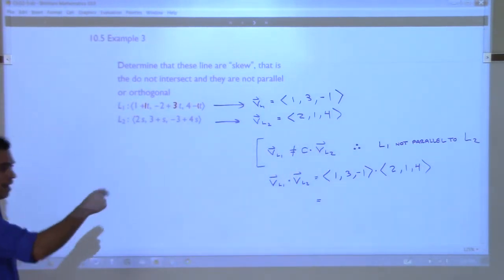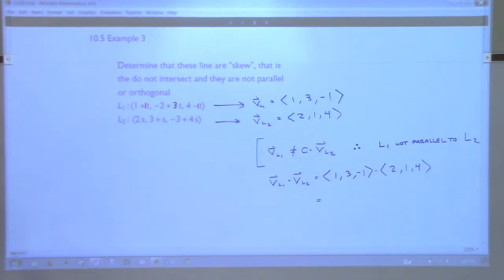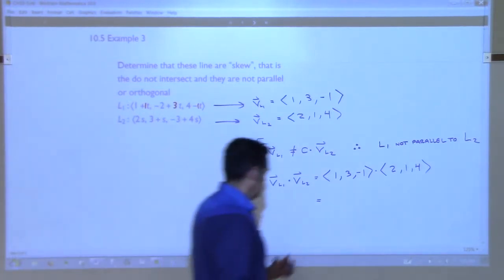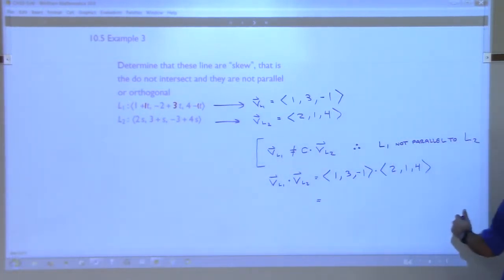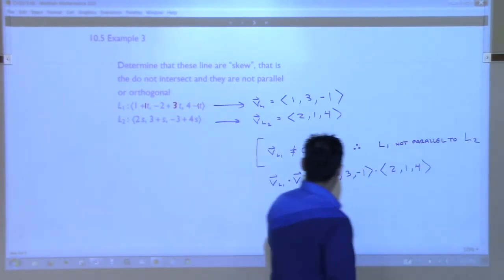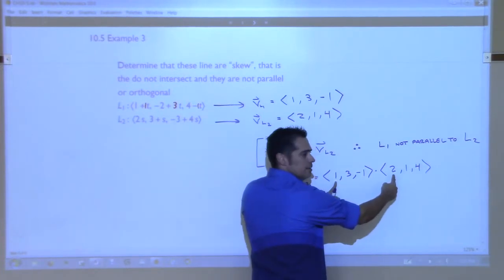Dot product on that. Go ahead and just read out each of the components. The dot product is just first components multiplied, right?